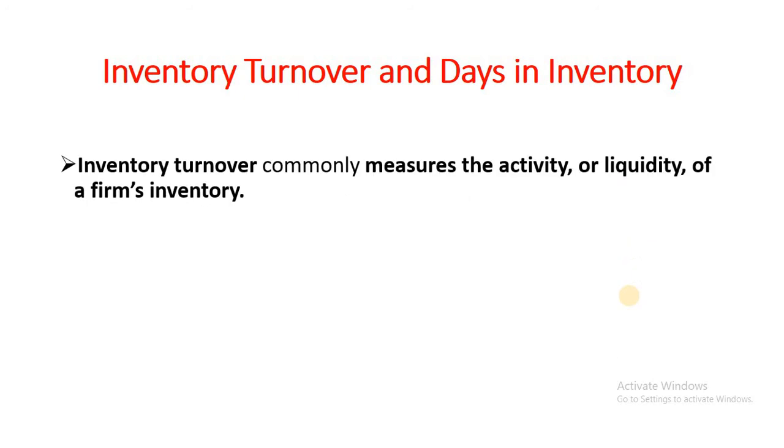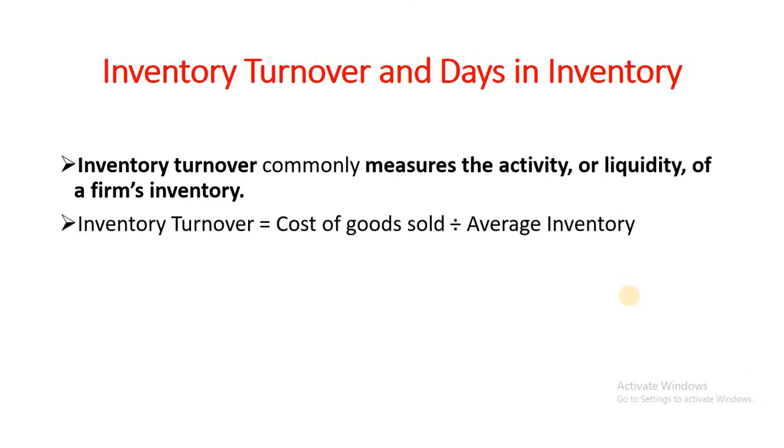Inventory turnover and days in inventories ratios are used to measure how quickly the firm converts its inventory into sales and restocks itself. So inventory turnover commonly measures the activity or liquidity of a firm's inventory. The formula of inventory turnover ratio is equal to cost of goods sold divided by average inventory.